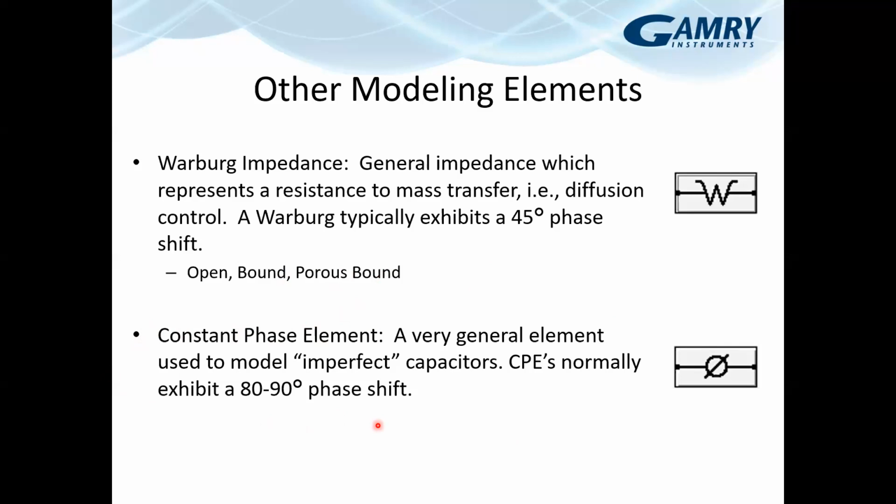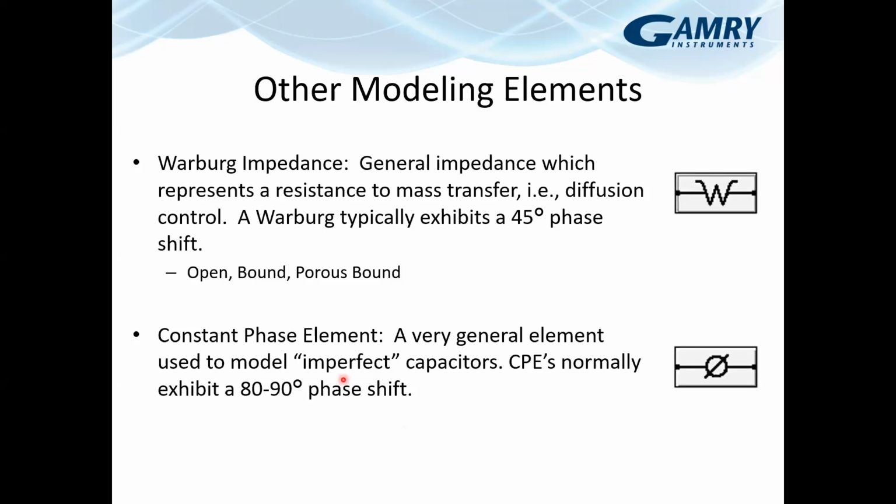So CPEs, they have a constant phase. That constant phase is usually between, this says 80 to 90. For a lot of cells, you'll actually see phase shifts that are more in the 70 to 80 range, sometimes even lower with certain types of electrodes.